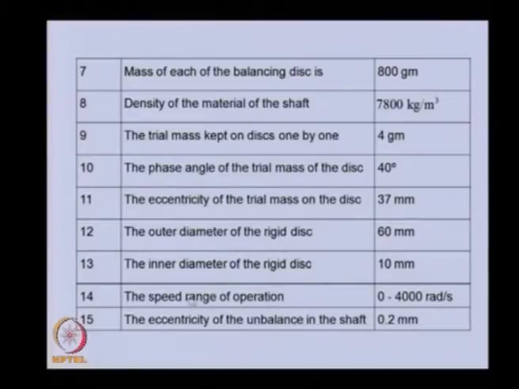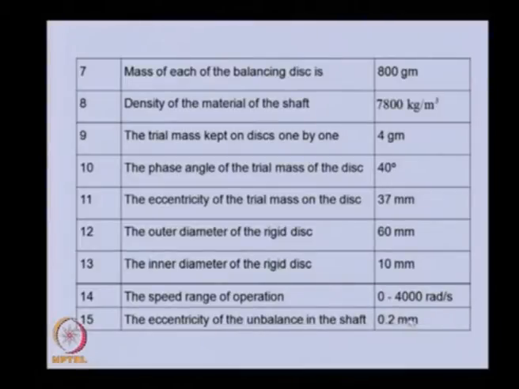So, that is the eccentricity we are calling, and these are the other geometry of the shaft. The speed range of operation is up to 4000 radians per second, and in this range the third or fourth critical speed of the rotor system may fall, but we will aim only to balance the rotor up to the second critical speed. This is the eccentricity of the unbalance in the shaft.